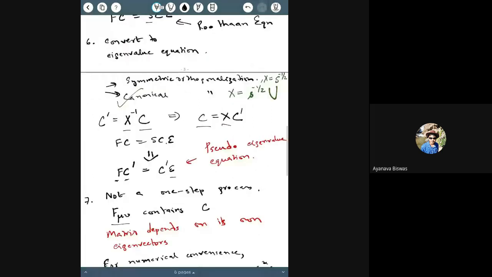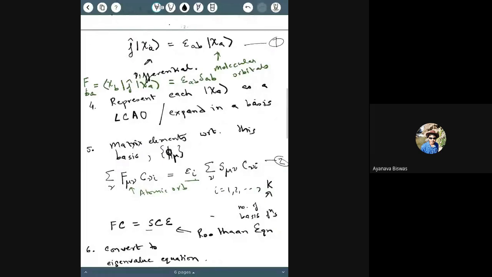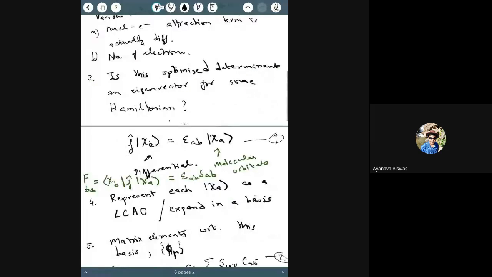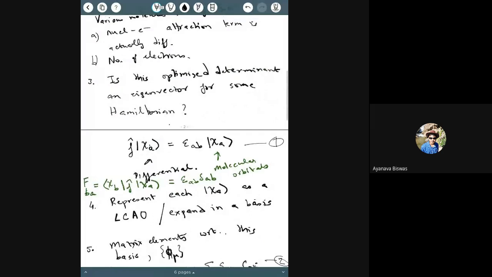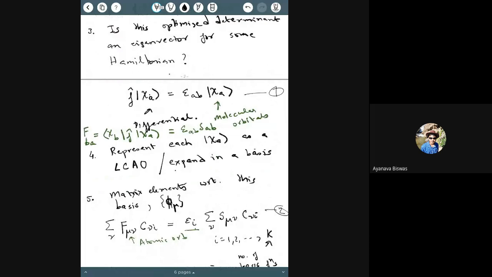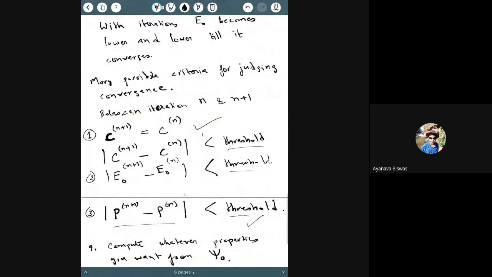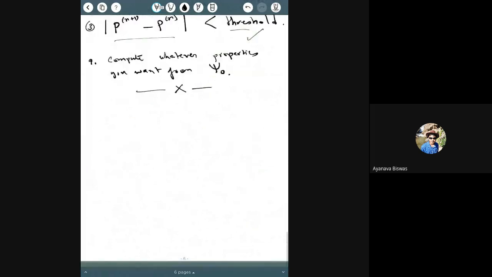Then we will go back to the question we asked a little while ago. So is this optimized determinant psi 0 an eigenvector for some Hamiltonian? Is it? So let's try to see if it is.